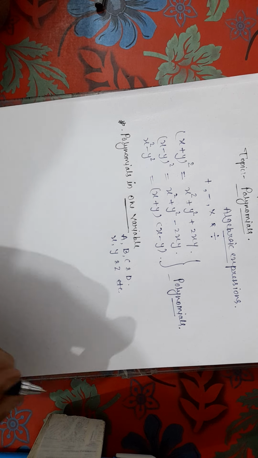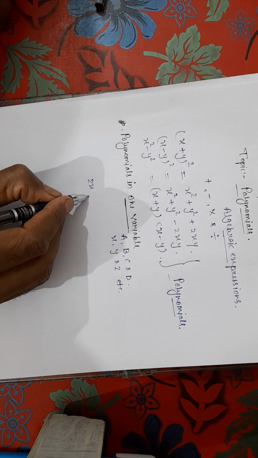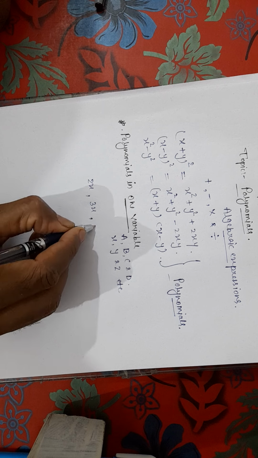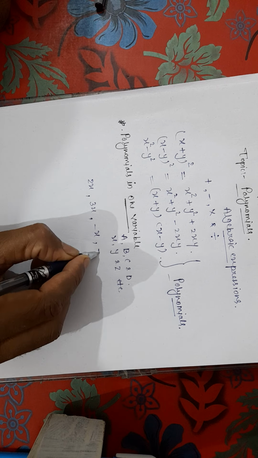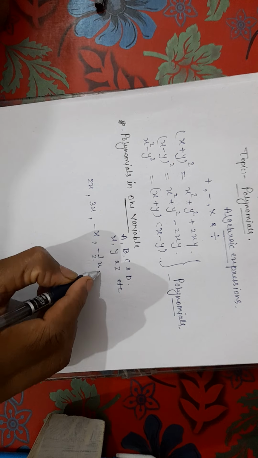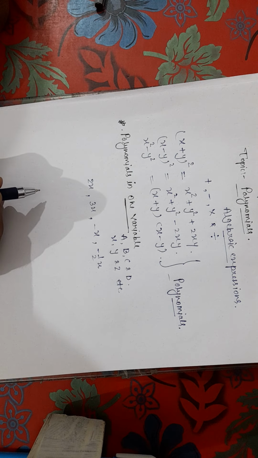So as algebraic expressions we can take 2x or 3x or minus x or minus half x. These are all algebraic expressions in one variable.